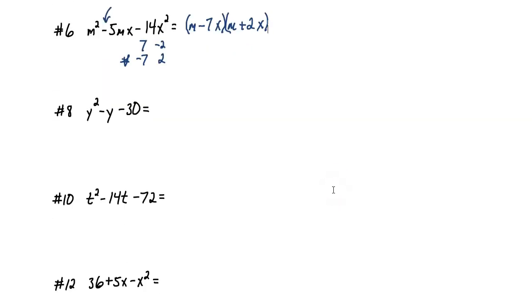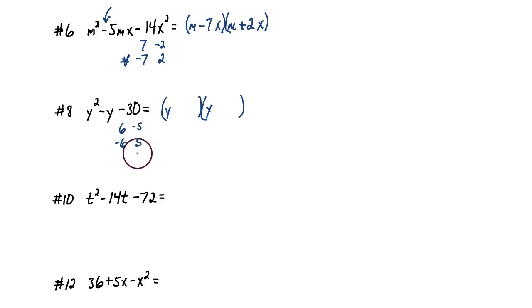Number 8, there's no greatest common factor, and this is not the special pattern called a perfect square trinomial, but we could try factoring using FOIL. Y times y is y squared. Now we need two numbers that multiply to negative 30. One possibility is 6 times negative 5. Another possibility is negative 6 times positive 5.